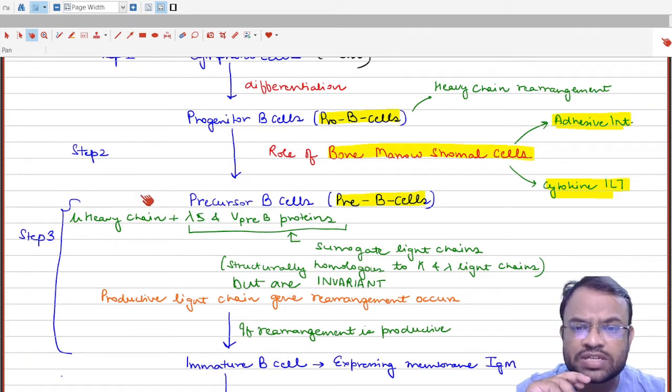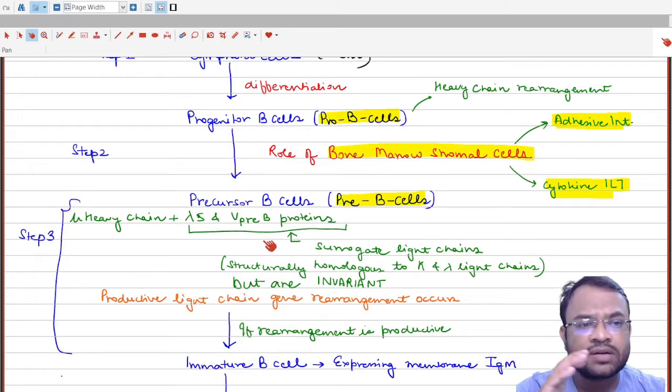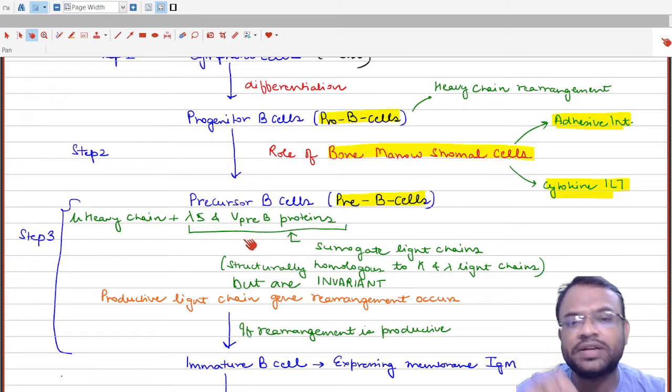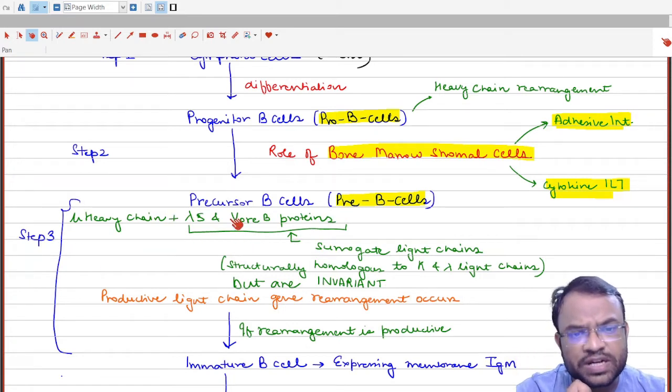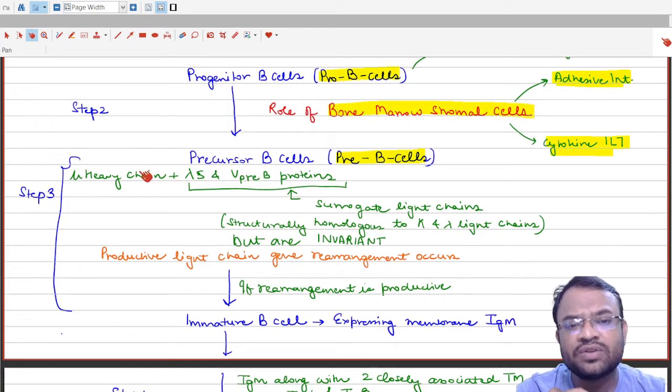Now this IgM is present, but the light chain is yet not decided. That means the rearrangement of light chain is yet to be completed. So after reaching the precursor B cell stage, mu heavy chain would be present along with the lambda 5 and VPRE-B proteins.